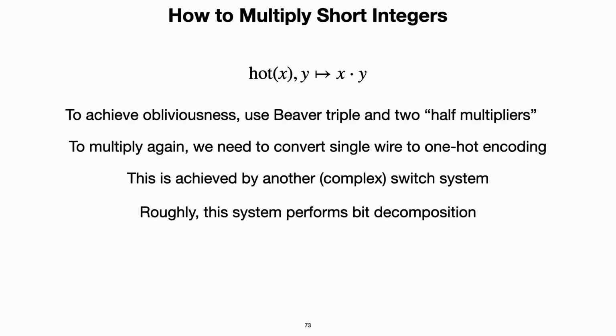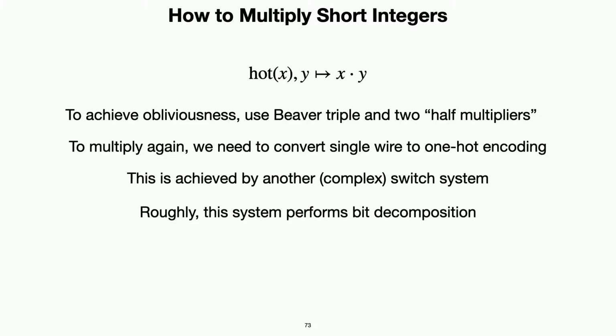There is a way to do this with a much more complicated switch system that I don't have time to describe today. But basically, it's leveraging all the same principles, which is that these gates are just expressing constraints between the wires, and you set up a much more complicated set of constraints, which converts x into a one-hot encoding and then multiplies it by y.